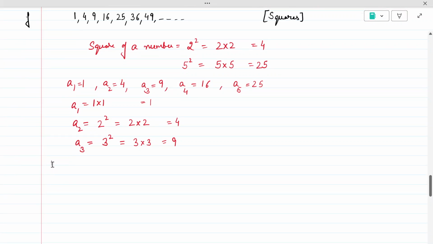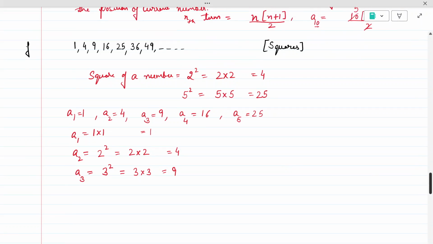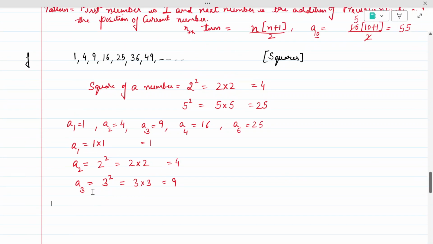If you observe this series, you will come to know that at every position, the term present is the square of that position itself. At the first position, it is the square of 1. At the second position, it is the square of 2. Third position, the square of 3. Similarly, in the fourth position, it was 16, which is again the square of 4. 25 is the square of 5, which is at the fifth position. Sixth position, we have 36, which is the square of 6, and so on.